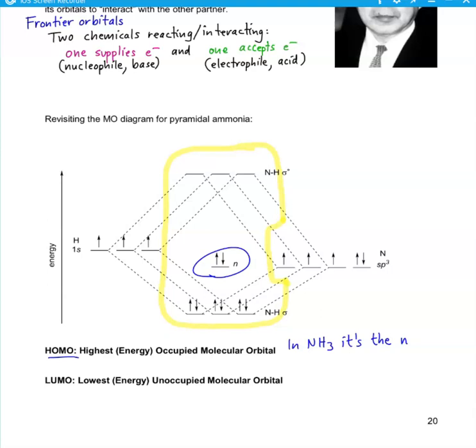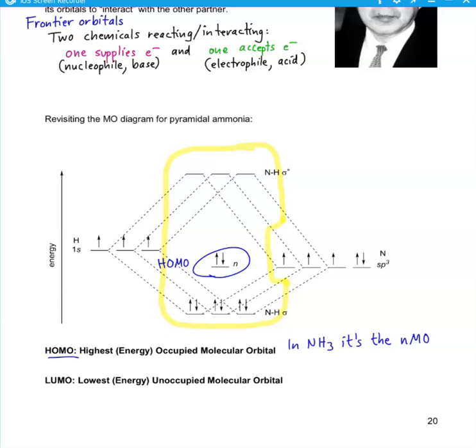So we're going to say in ammonia, the HOMO is the NMO. So that's the highest occupied molecular orbital. So if an ammonia comes up to somebody else and wants to react with it, those are the electrons it's going to use, the non-bonding electrons. It's going to use those to participate in a reaction with somebody else.